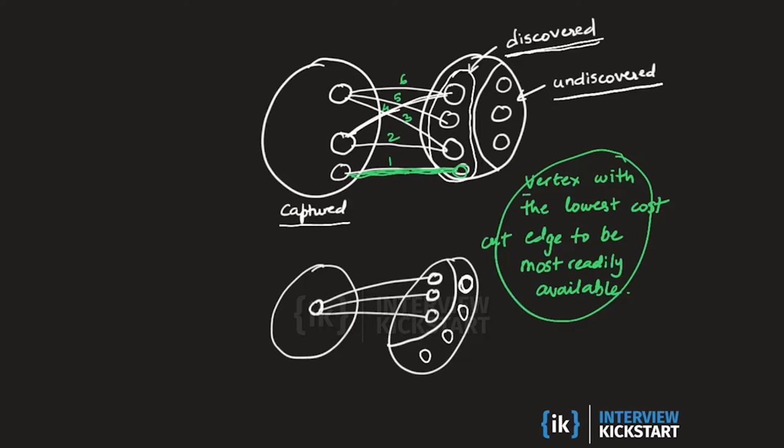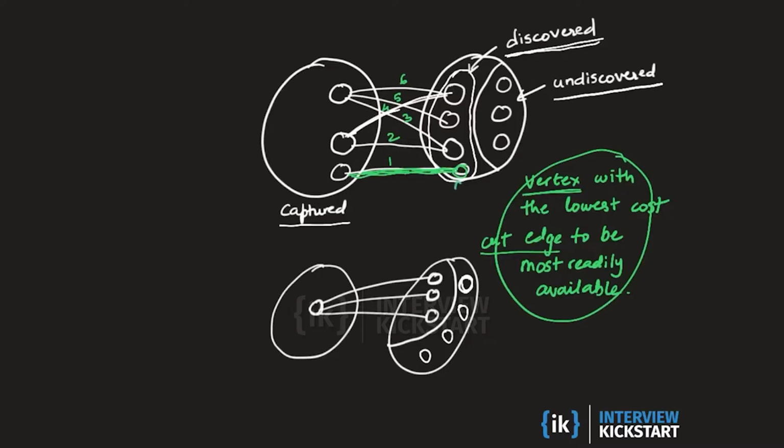So if each vertex is associated with some kind of priority value, and that priority value happens to be the weight of the lowest cost cut edge that is reaching it from the left hand side, then a priority queue might give us ready access to that vertex.